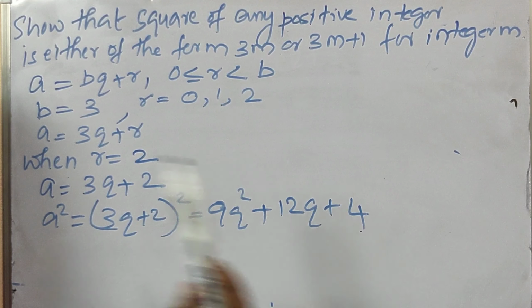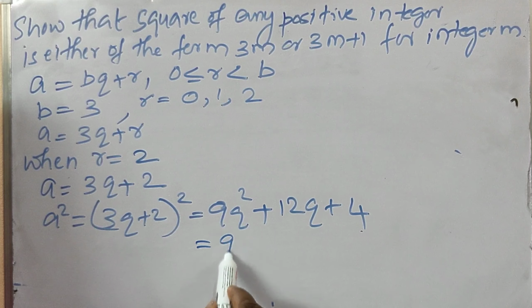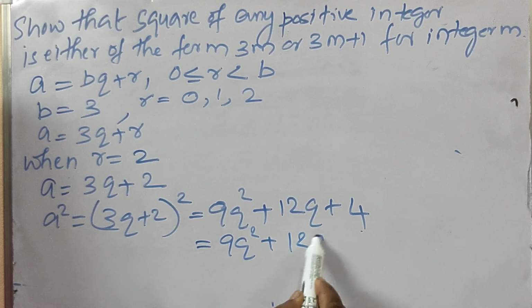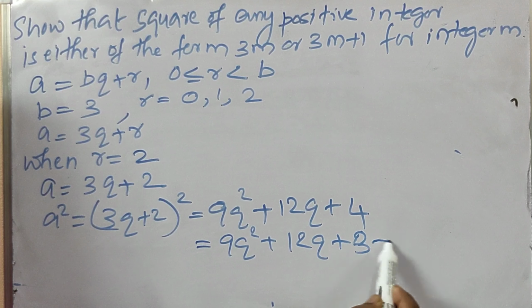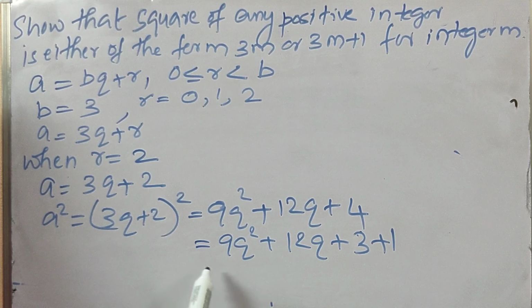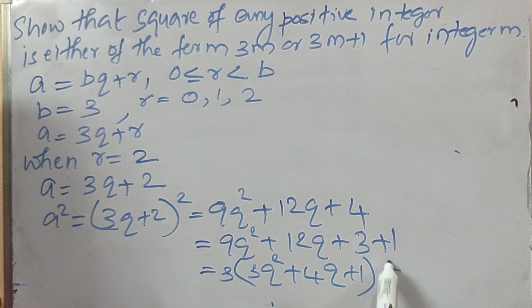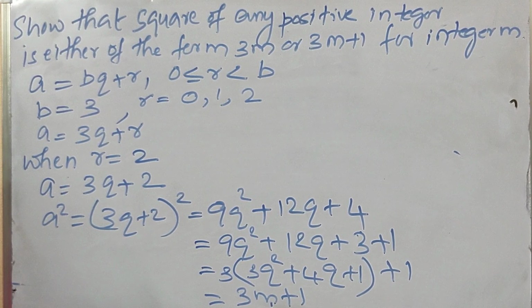We can split the 4 as 3 + 1. So this is equal to 9q squared + 12q + 3 + 1. From the first three terms we can take 3 common. So 3(3q squared + 4q + 1) + 1, and that is equal to 3m + 1. In the third case also we got 3m + 1.